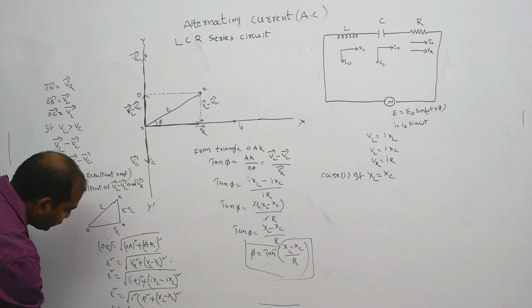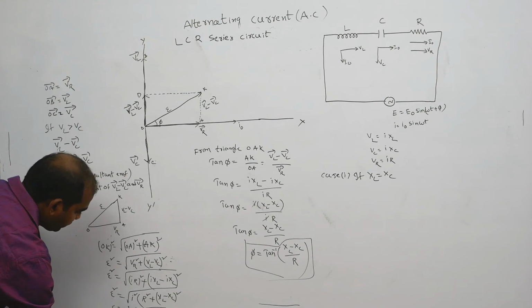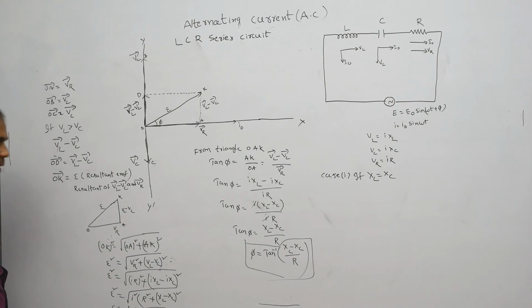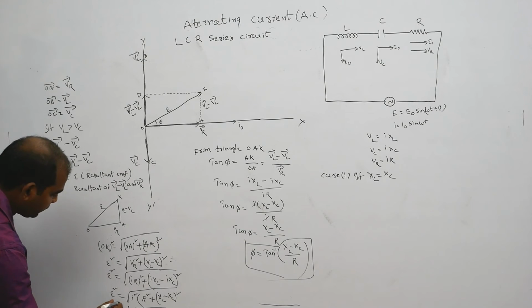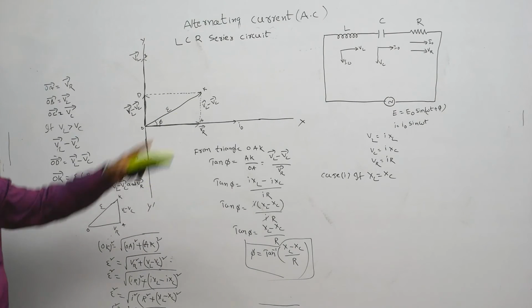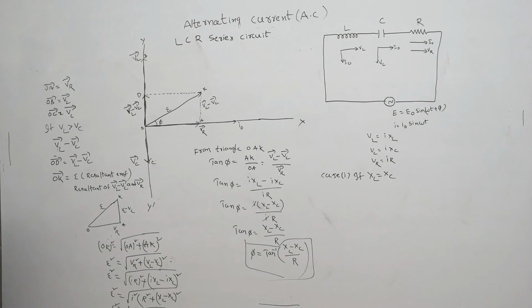Then E is I into the square root of R square plus XL minus XC whole square. This is the E value. We call it the resultant EMF in the LCR series. The resultant EMF can be written as E is equal to I into some resistance.